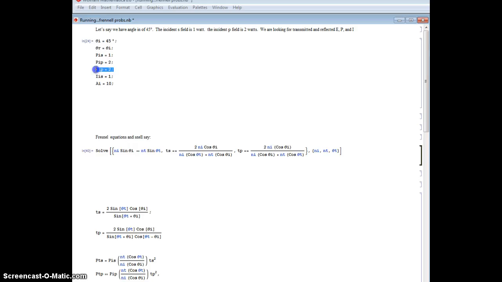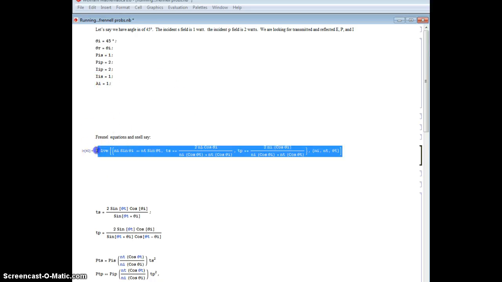I see a slight problem here, because if that's the case, that has to be 1. I went back through that because if I'm claiming that power and intensity are the same, the area has to be 1.